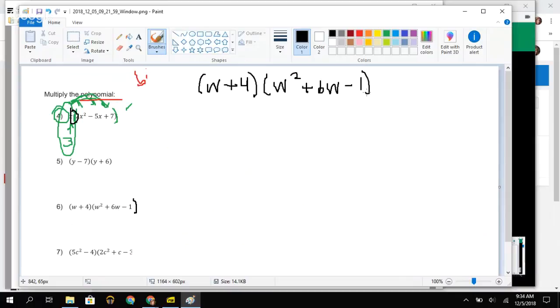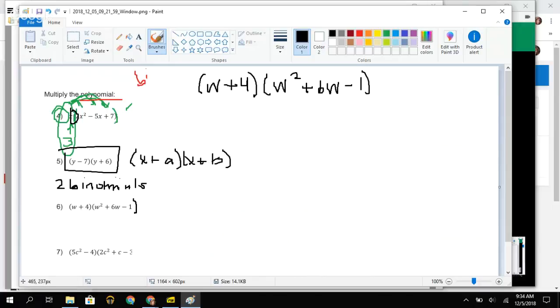We can only use FOIL if you have a scenario where you have two binomials that are being multiplied together. And by binomials, I mean when you have something like x plus a times x plus b. Those are binomials, all right?